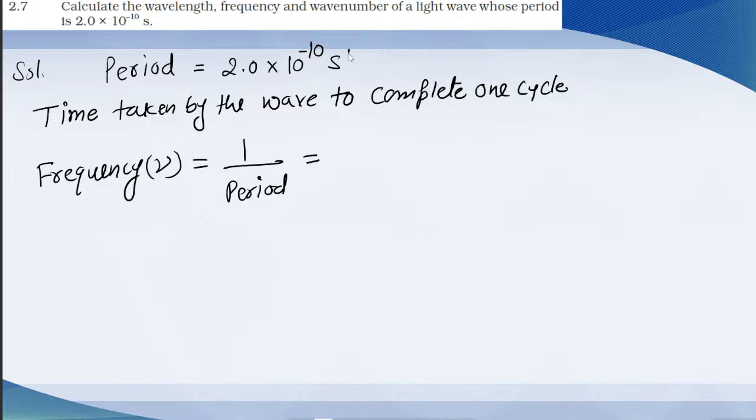So frequency and time period are inversely proportional. 1 upon 2 into 10 raised to power minus 10 second comes out to be 5.0 into 10 raised to power 9 per second.